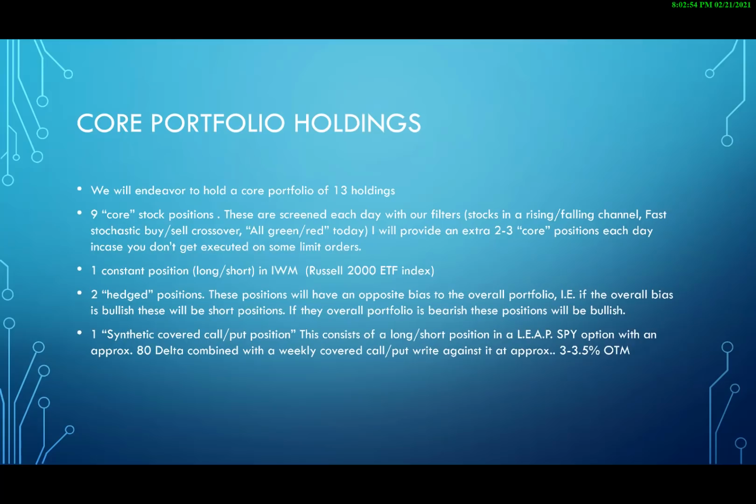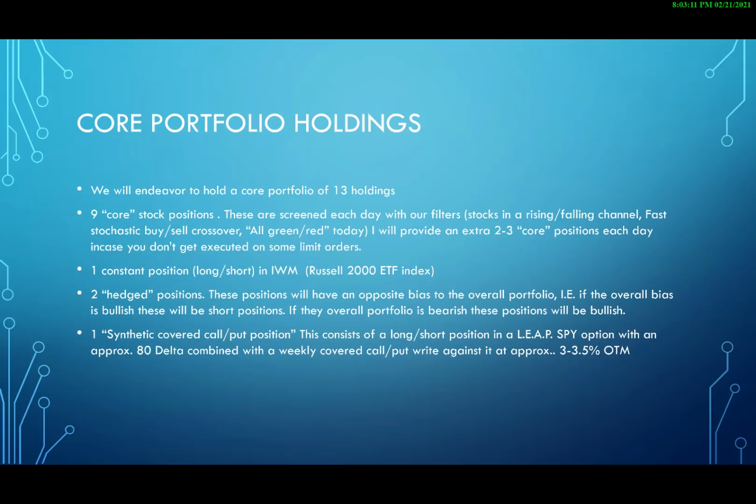We've got 1 constant position with the IWM. We also have 2 hedged positions that we will put on each day. Now, hedged positions, these positions will have an opposite bias to the overall portfolio.